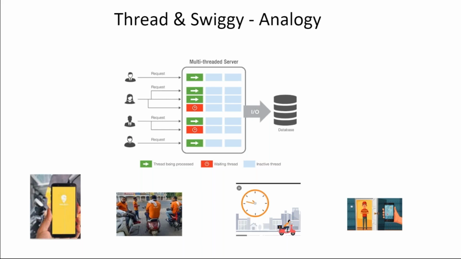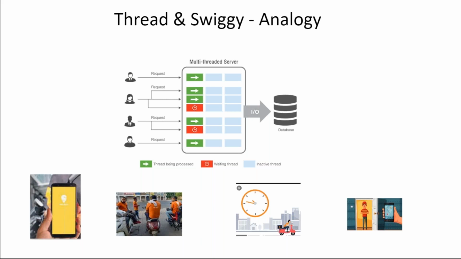Whenever they do a transaction, it will come to the server, and the threads that are free will pick up that request. If all the threads are busy, then the request will be waiting. Once the server completes a request, it will take the response and deliver it to your browser. So if you compare this to the thread and Swiggy, it's pretty similar.